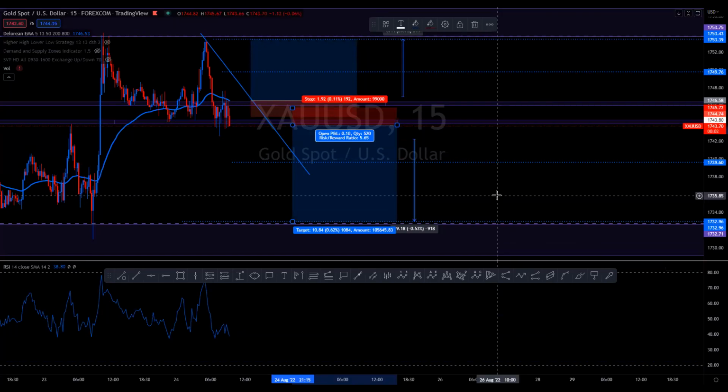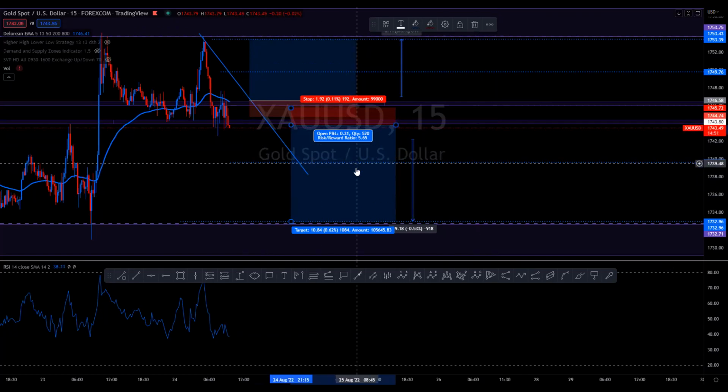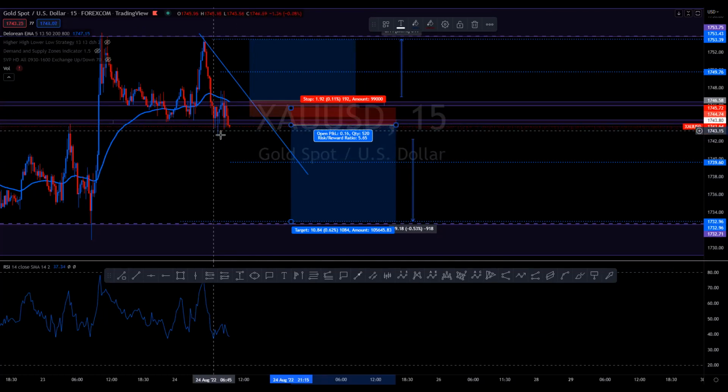3, 2, 1. It did close below this zone, but I want to see if it's really rejecting like it did with this candle here.